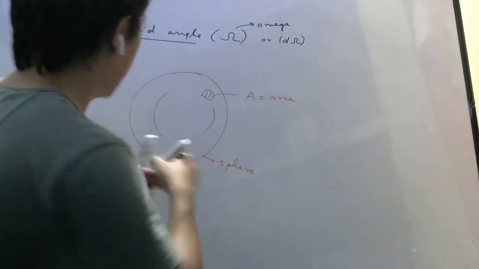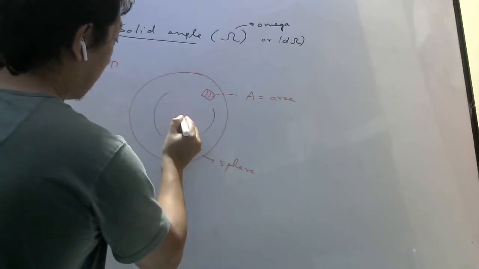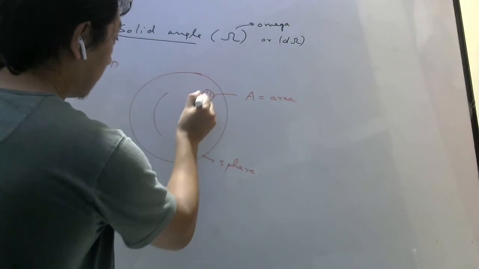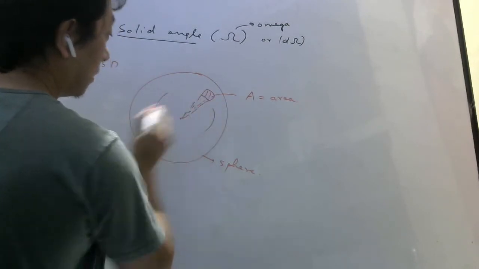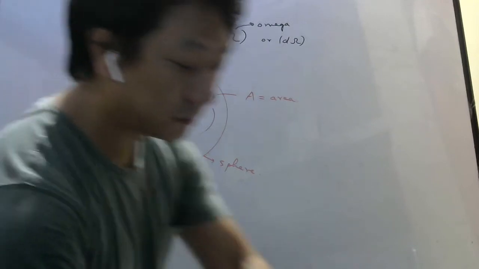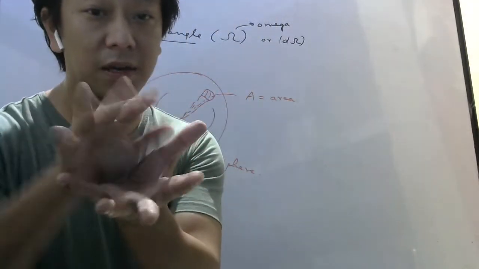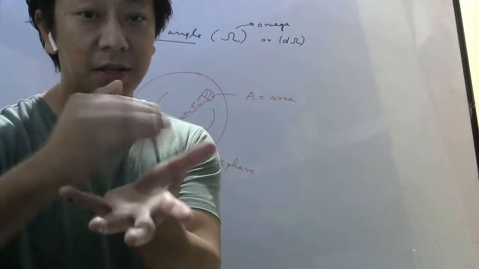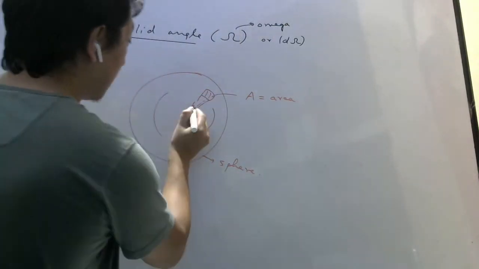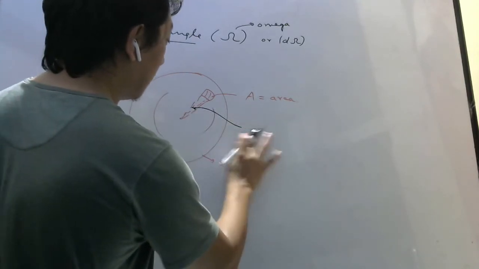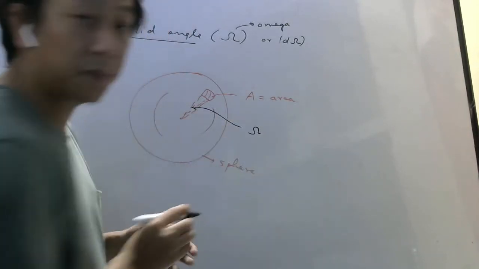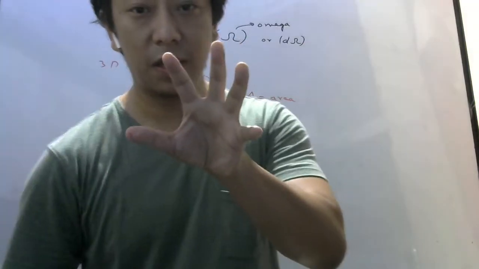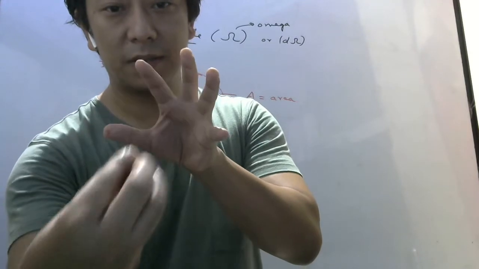Now from the ends of this area, if you draw these lines, then it will form this kind of angle, but that angle is not in a plane. It is in space. That angle is what is called a solid angle, which is subtended by this area at the center. So you take some area, and if this is the center, you draw these lines.